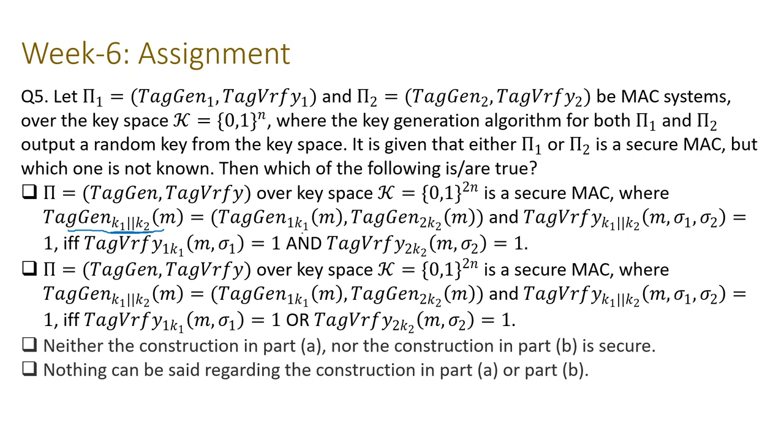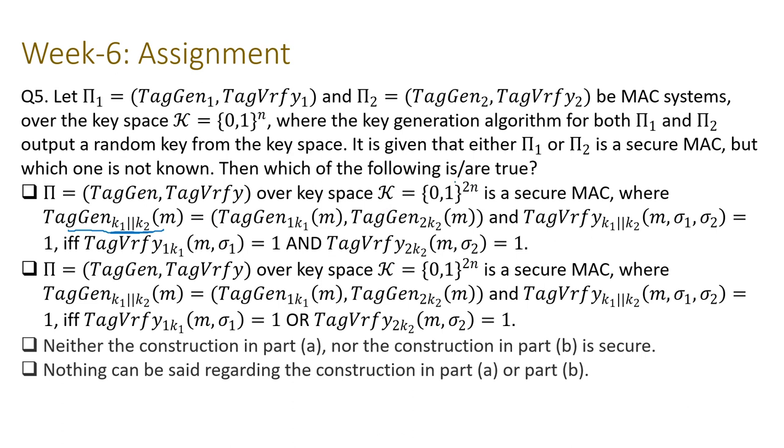So according to both the schemes pi1 and pi2, you generate two different tags of the same message m under key k1 and k2 respectively, and provide this as a tag for scheme pi.